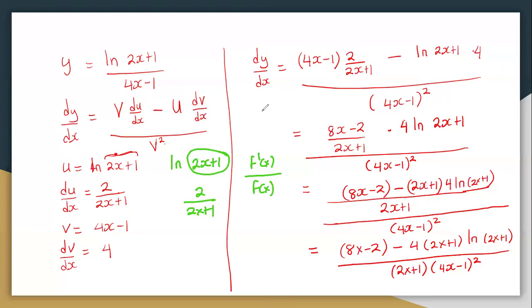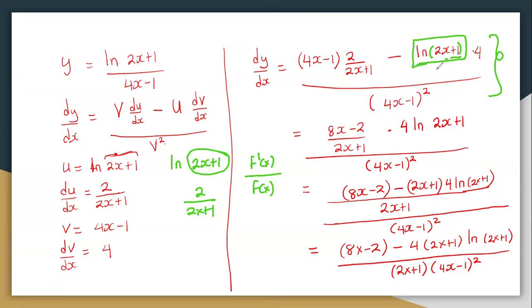I was inquiring about the first step on top. I thought when you're multiplying, for example, 4 into brackets ln 2x plus 1, you get something like 4 ln 2x plus 4. Now this one is one function, then multiplied by 4. This 4 multiplies the whole thing.